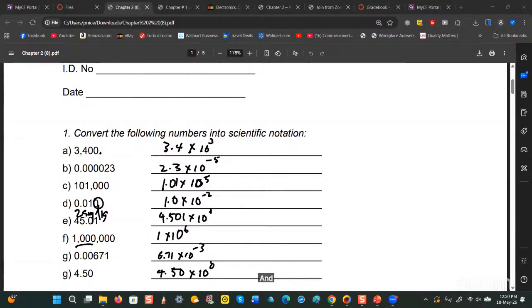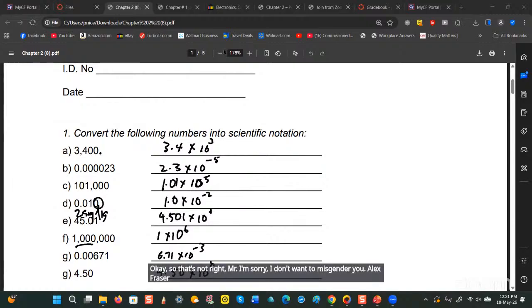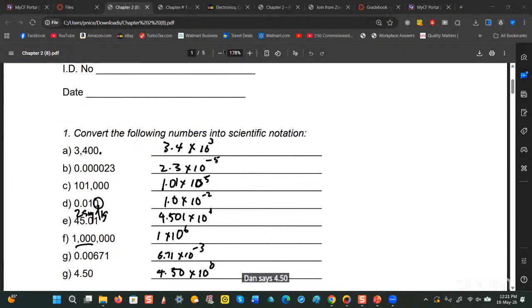And somebody's saying something in the chat again. Okay, so that's not right, Alex Fraser. I'm sorry, I don't want to misgender you. The answer is 4.50 times 10 to the 0, not 10 to the 1. Anything raised to the 0 is 1, right? So that's why that doesn't change.